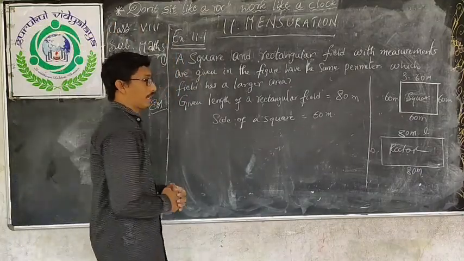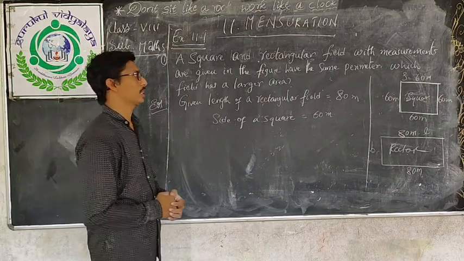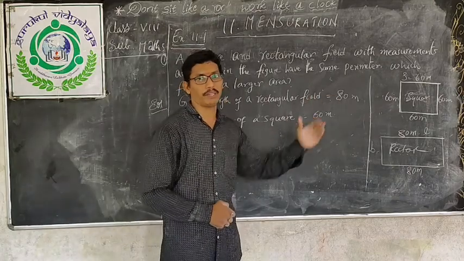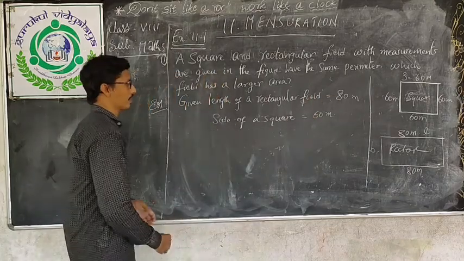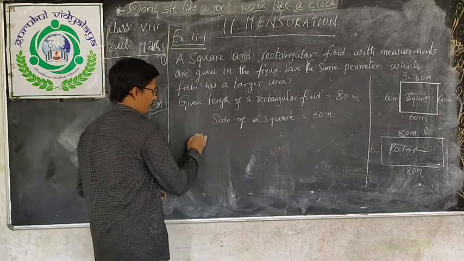Now, only one clue is given. What is that? Both figures have the same perimeter. Same perimeter.